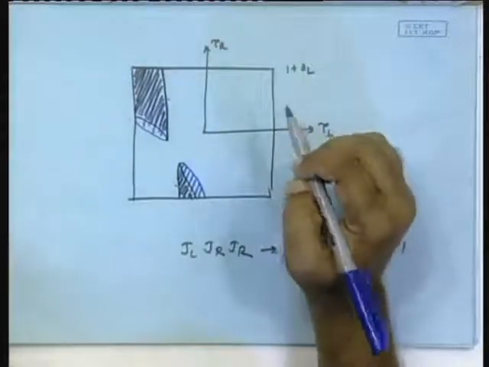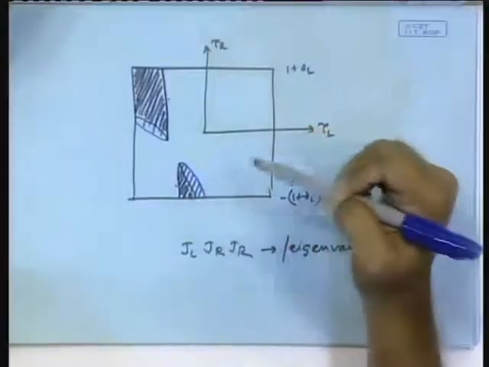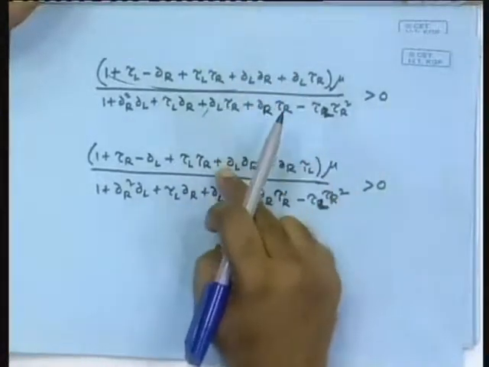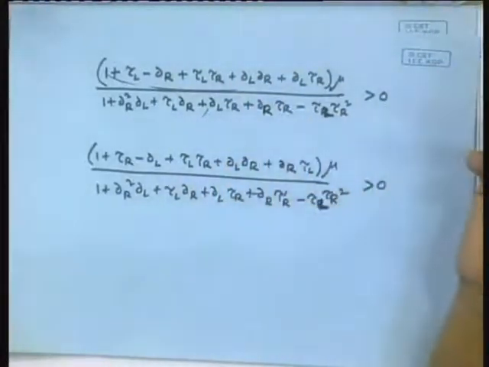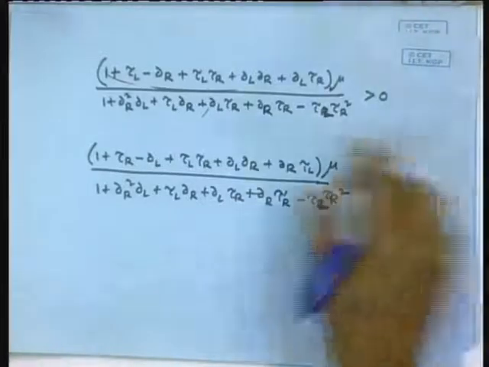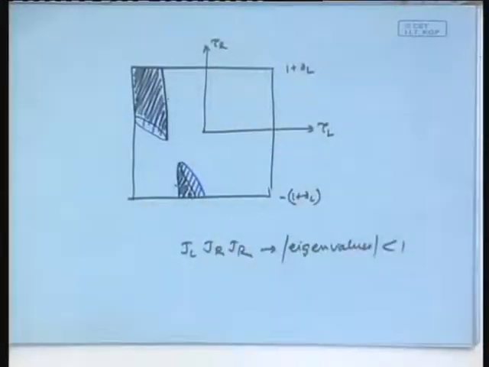Notice what I have said: there is no reason to think that the LR orbit and LRR orbit will occur for the same range, because these conditions will turn out to be different. If the conditions turn out to be different, obviously the orbit's region of existence will be different, because you are solving different equations, and the difference is manifested mainly because the stability conditions will be the same.